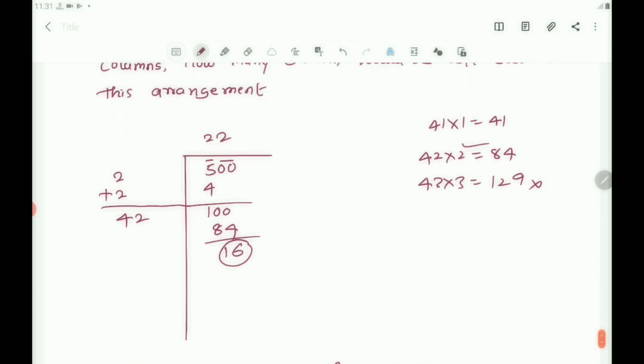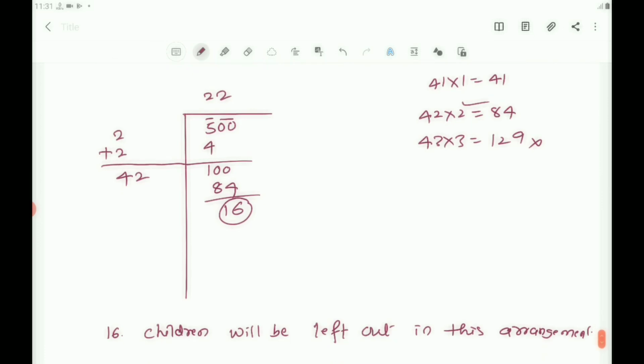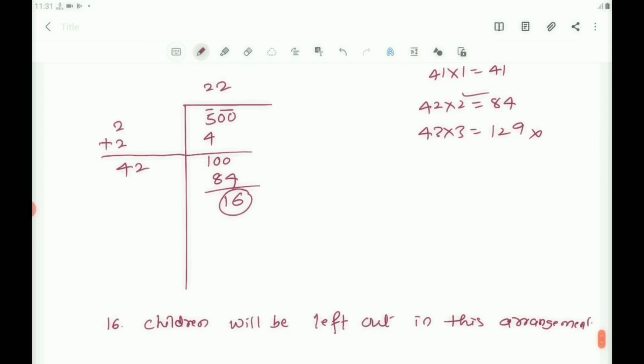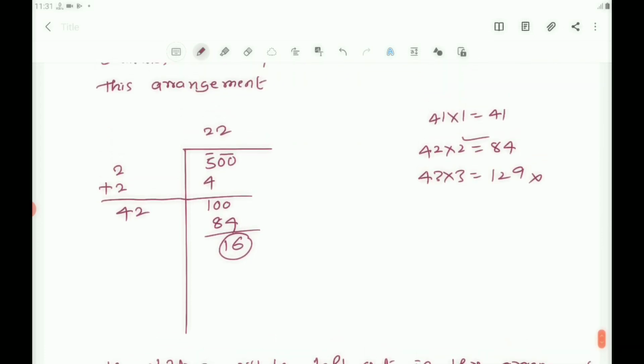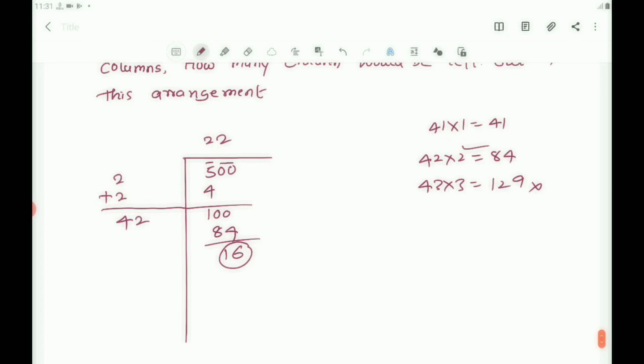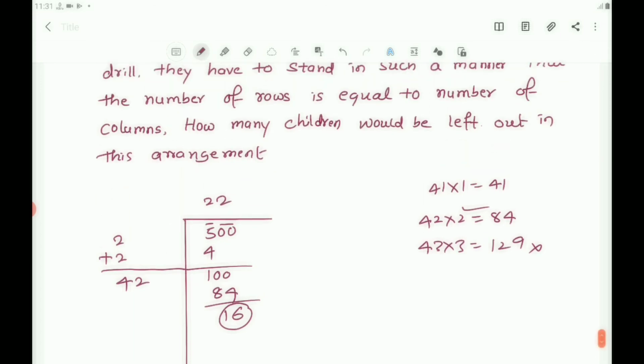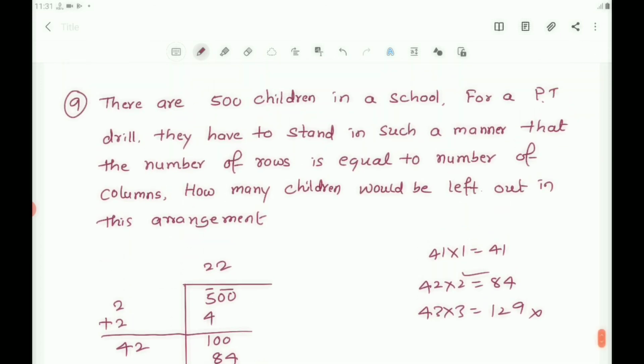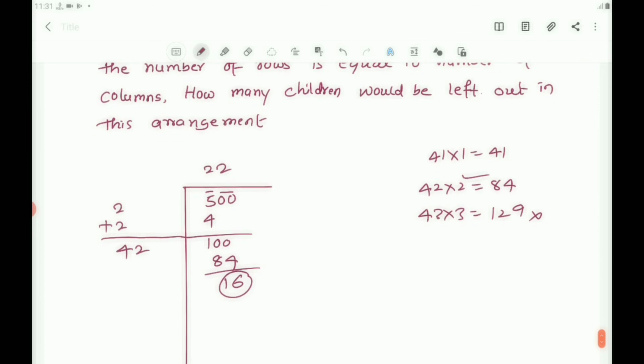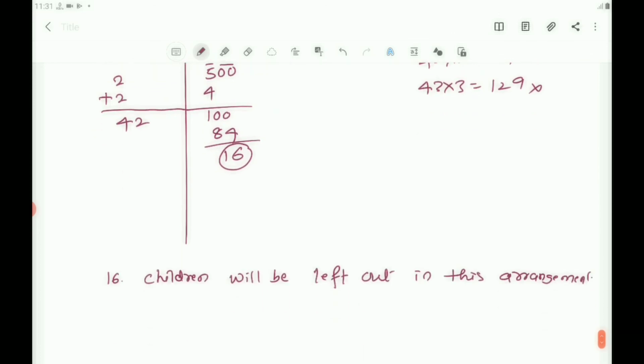Because here with 22 rows and 22 columns, you will get 484 students. 484 students will be in the 22 rows and 22 columns. The remaining 16 students can't stand in the arrangement. So you can say that 16 children will be left out in this arrangement.